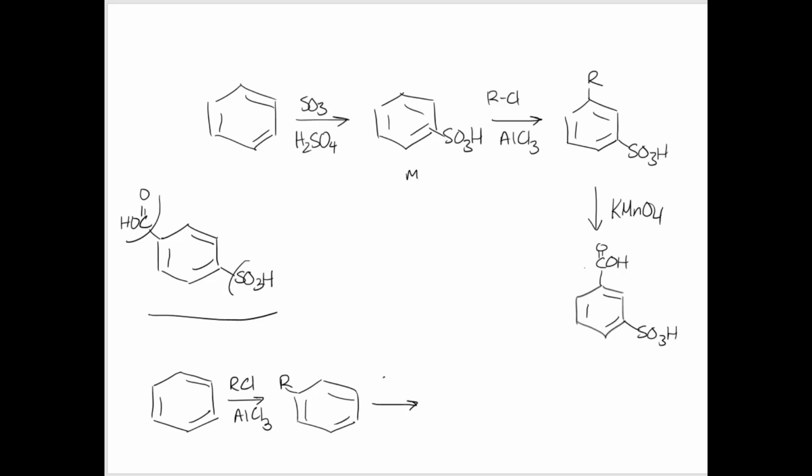Now I'm not going to oxidize it yet because I need to put the SO3H group para to it. So then I would say, well, now let's react with SO3 and H2SO4, the fuming sulfuric acid, and now the R group is going to direct that sulfonic acid group to the para position. And at this point, there's a lot of little nuances that I need to point out.